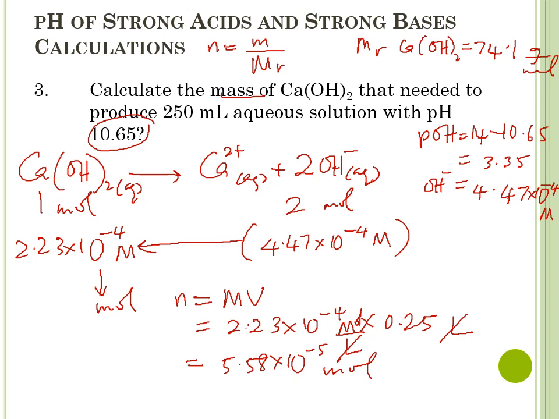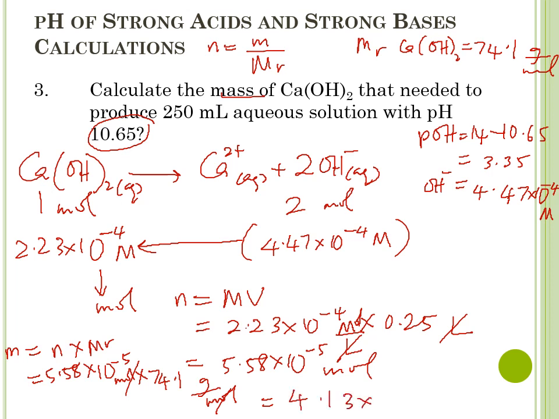So, mass is equal to n times molar mass. So 5.58 times 10 to the power of negative 5 multiplied by 74.1 gram per mole. Okay, this one is mole, so we can cross that out and we are going to get the mass is 4.13 times 10 to the power of negative 3 grams.